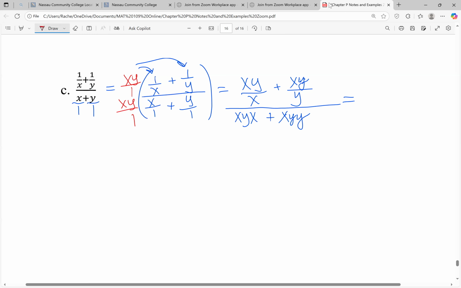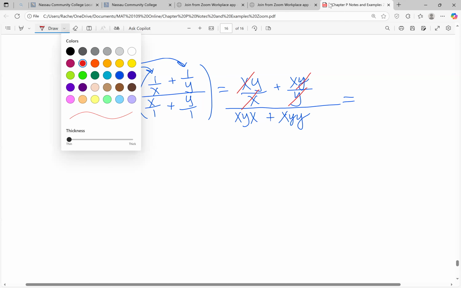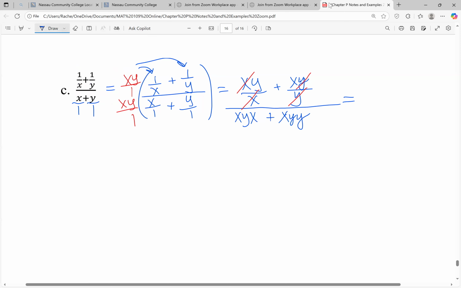So look, in the numerator, my fractions disappear, right? Because I have x over x, y over y. So in the numerator, all I have is y plus x. And then in the denominator, I could write x times x as x squared times y, plus now x times y times y is just x times y squared.